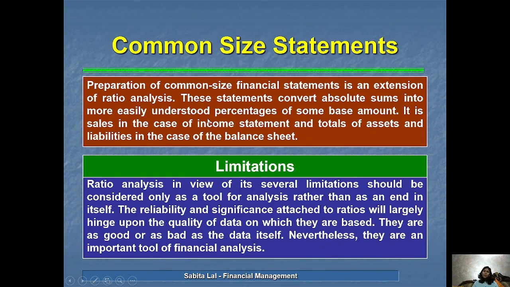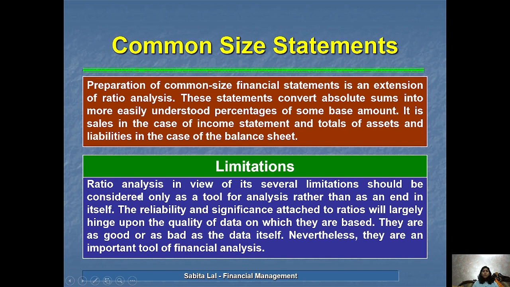Common size statements. The preparation of common size financial statements is an extension of ratio analysis, because it is a very simple calculation. These statements convert absolute sums into more easily understood percentages of some base amount, and always we take the previous year as the base year. It is sales in the common size income statement, and total asset and liability in the case of the balance sheet.